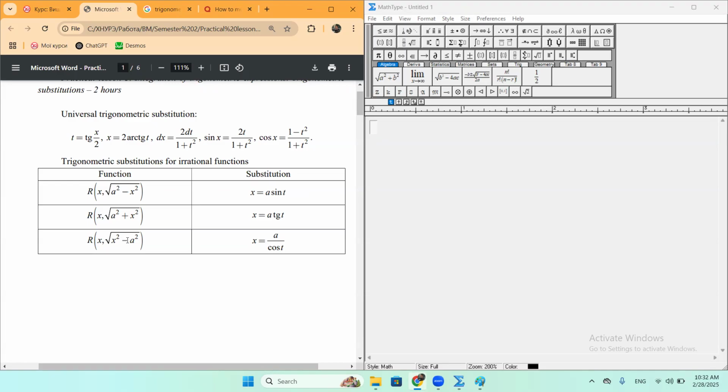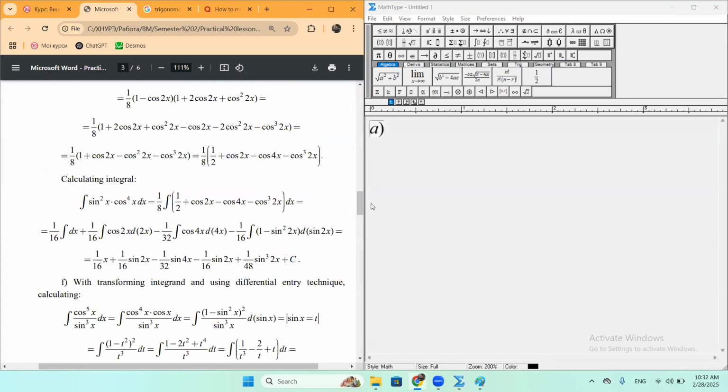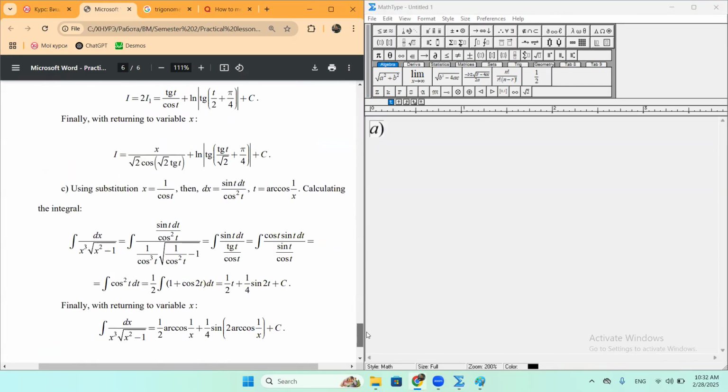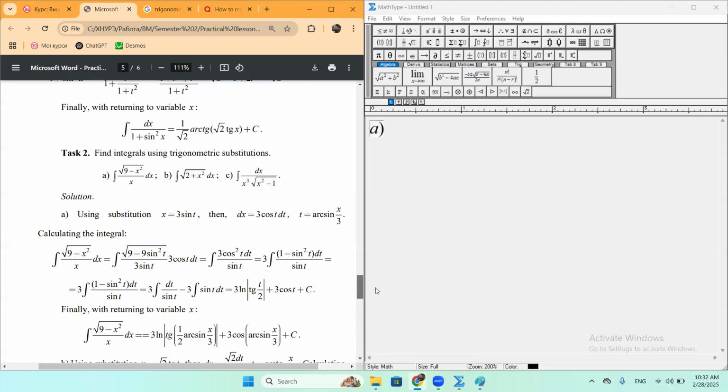For the irrationality square root of x square minus a square, we use the substitution x equals a over cosine of t. Now let's practice and solve these exercises.